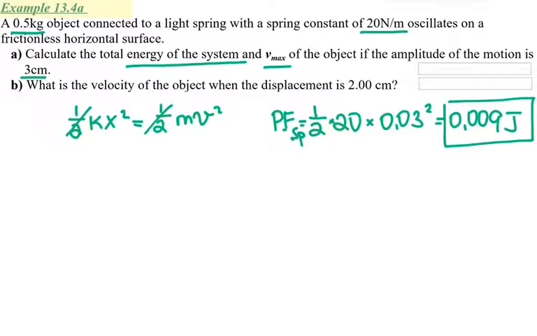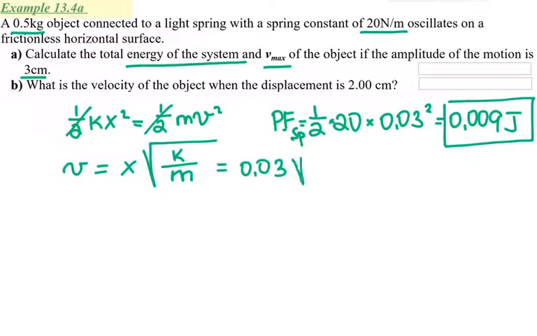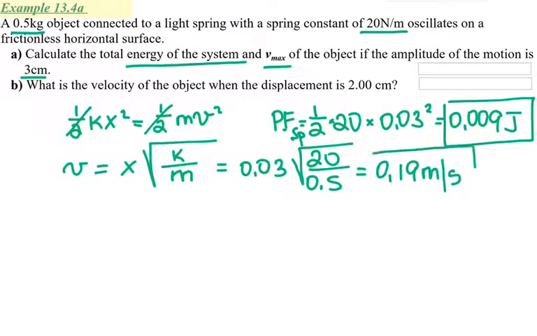And again, coming back to maximum velocity, the velocity is going to be equal to x, or the amplitude, times the square root of k over m. So x is 0.03, and k is 20, and the mass is 0.5, which is 200 over 5, and that gives me 40. And I get 0.19 meters per second as the maximum velocity.